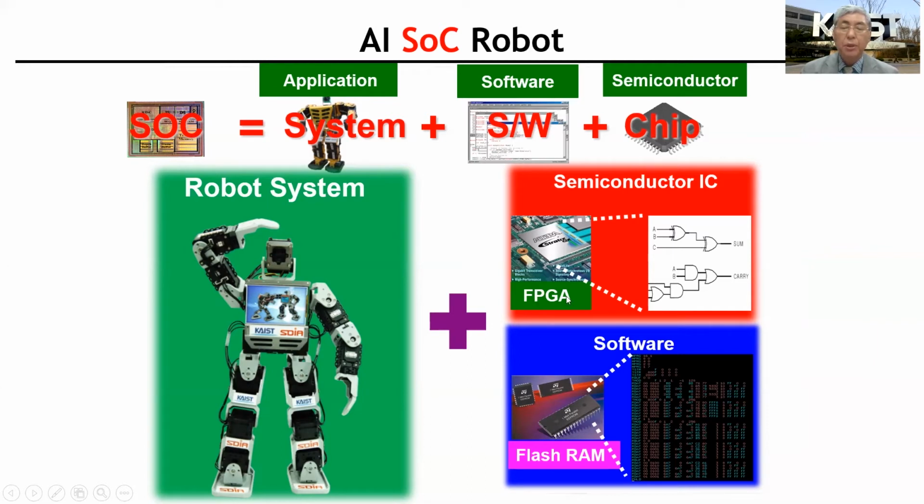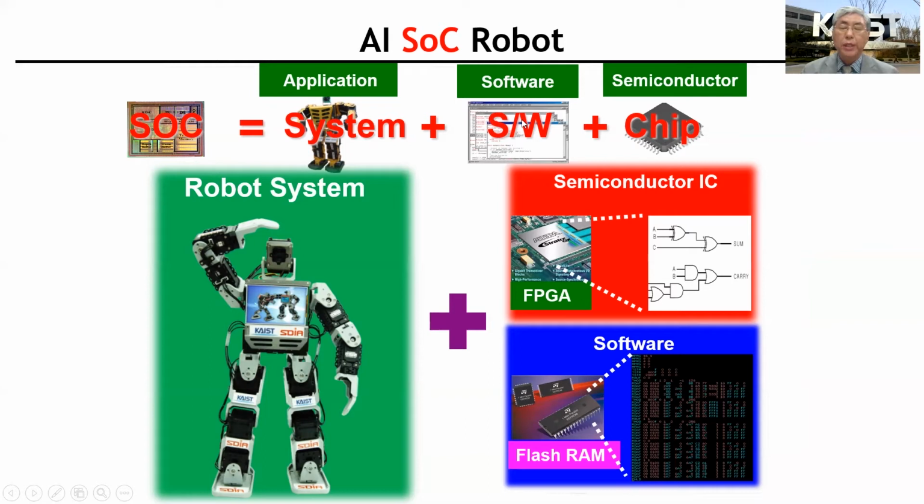FPGA is a programmable gate array, and you can easily change it. With FPGA, you can easily develop the CPU or DSP or NPU.